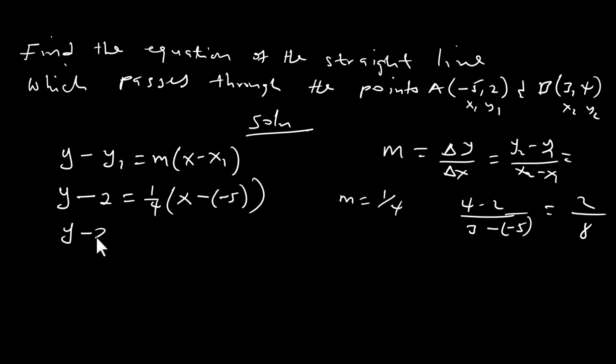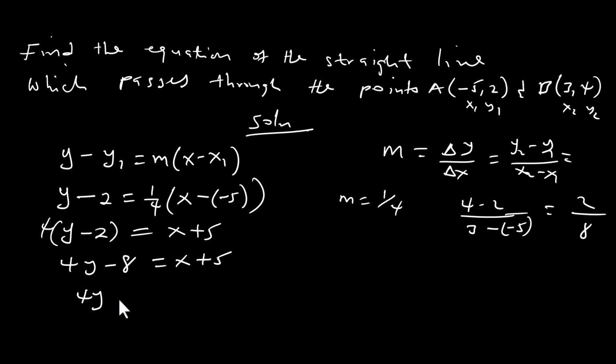Then y minus 2 times 4 equals x minus 5, so 4y minus 8 equals x minus 5. Moving this side, be plus: 4y minus x, so minus 8 plus 5 will be minus 3, equal to 0. So this is the line.